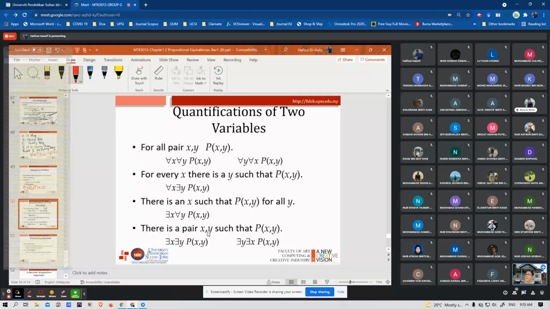Here we have two variables combined. We have for all pairs x, y, P(x, y). For every x, there is y such that P(x, y). You can say for all x, there exists y, P(x, y). You can also have there exists x such that P(x, y) for all y.